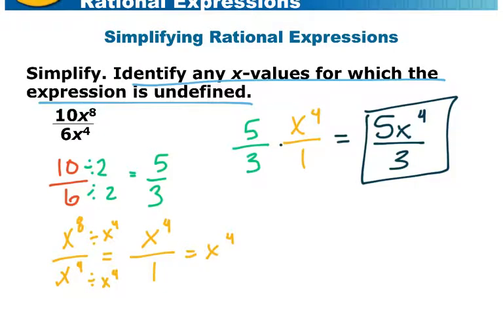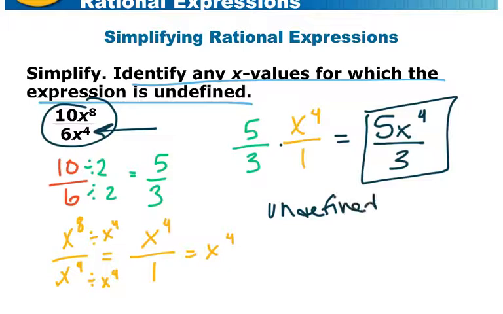Okay. Then they're asking, looking at this first part, what can never happen in a denominator? And that's 0. So when is it undefined? It's when 6x to the 4th equals 0. If we solve that by dividing by 6, it's still 0.